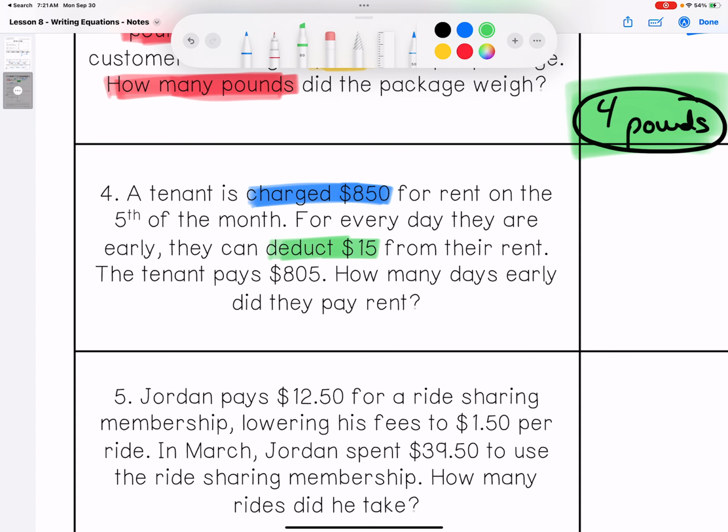So they can deduct $15 from their rent for every day they're early. The tenant pays $805. How many days early?